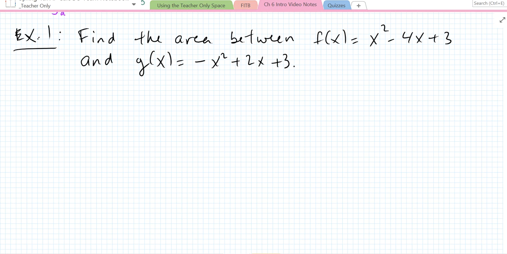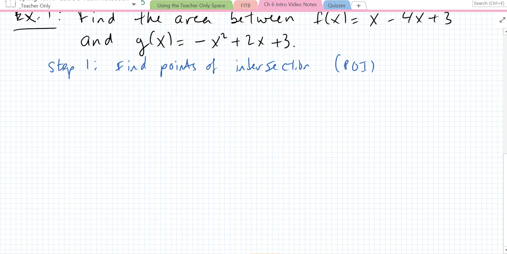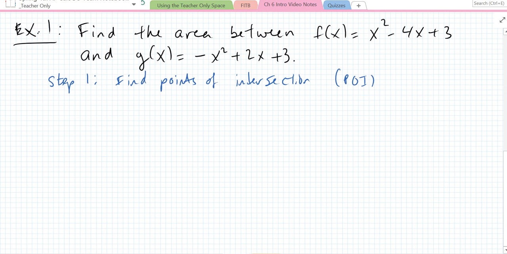So the first thing we're going to have to do, step 1, find points of intersection. And I abbreviate it POI when you're doing work, but when I want you to do a fill in the blank, don't say POI.